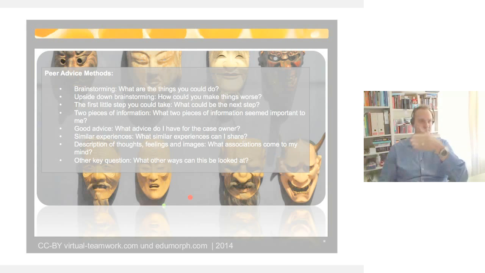Good advice would be just that we say, if I were you, I would. Similar experiences, perhaps, we have as a group, people have had similar experiences in working with friends.